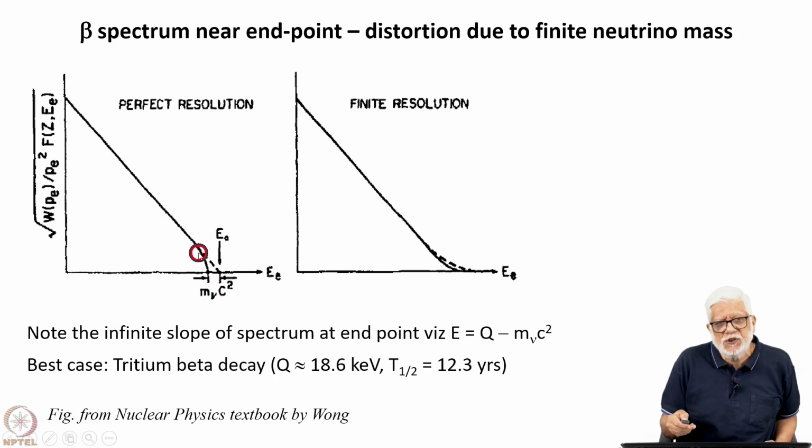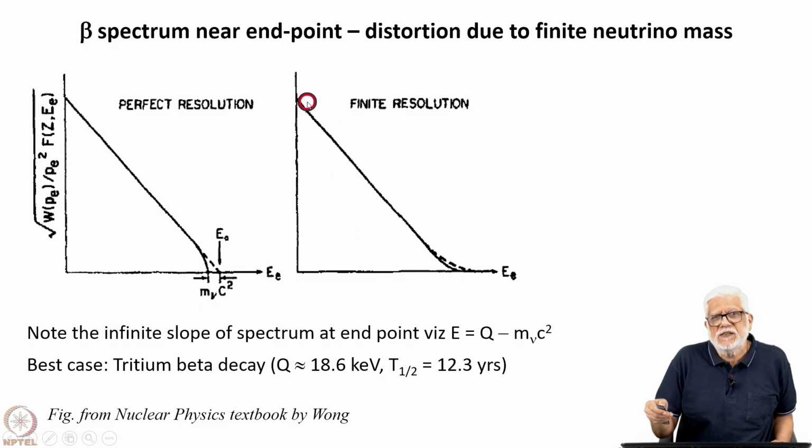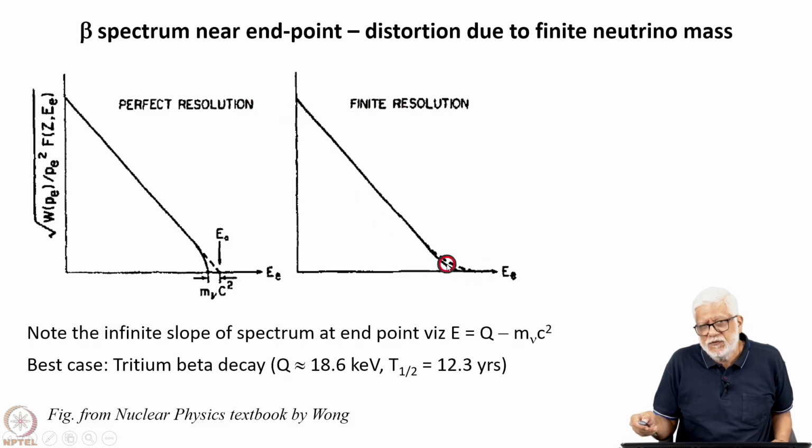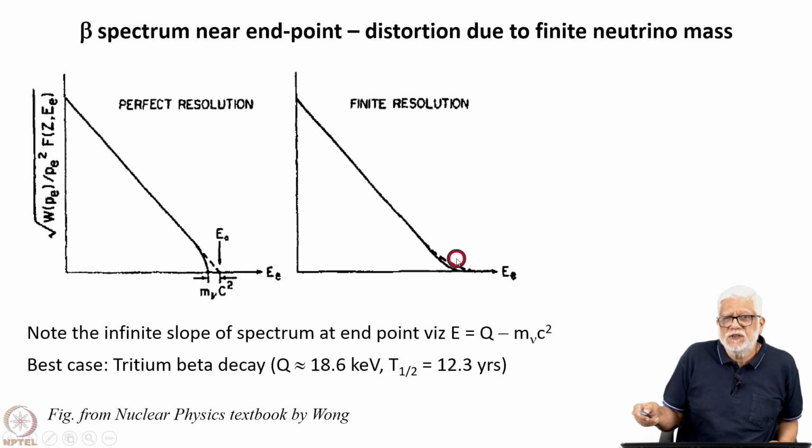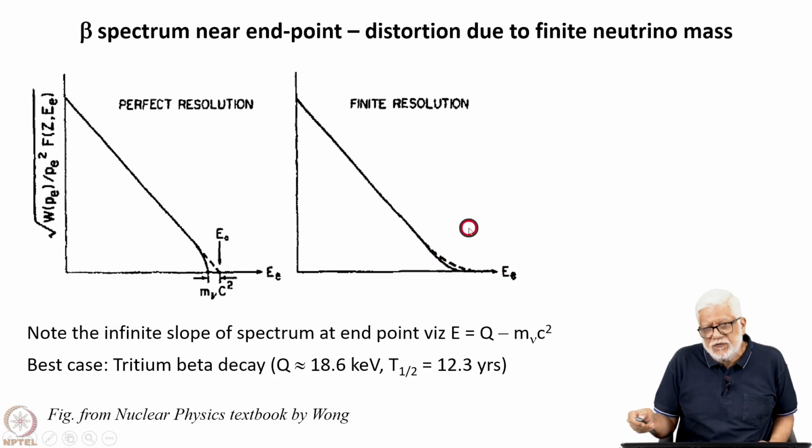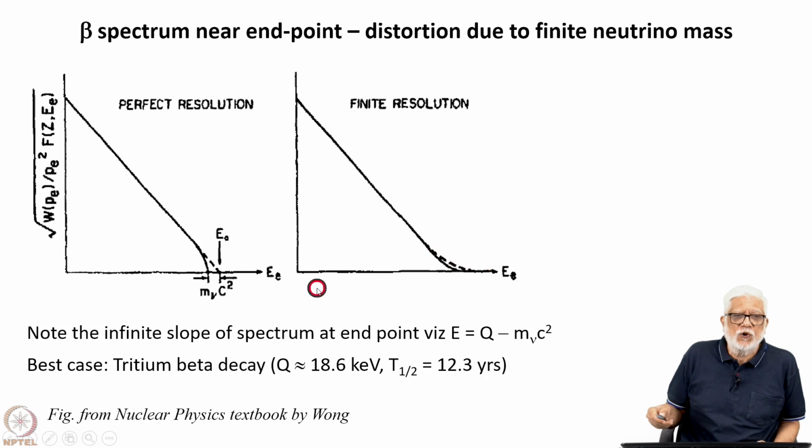But now that we have pushed this upper bound to fractions of an electron volt, we don't have detectors of this resolution. So in practice, with a finite resolution, this plot goes down and has a sort of finite extent like this. This dashed plot is for zero mass neutrinos, and the dark line is for finite mass neutrinos. So this is the difference that you are actually looking for.